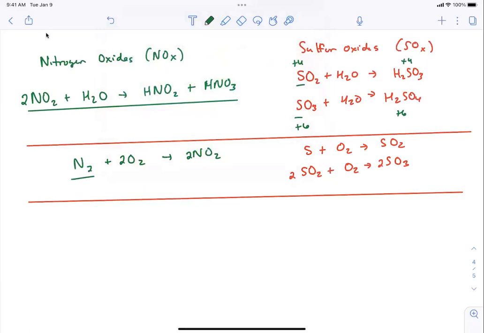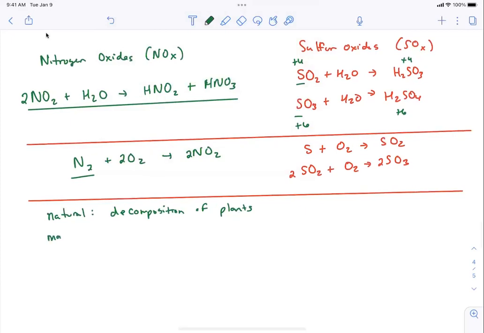Sources. Okay. So remember, there are naturally occurring sources and there are man-made sources. So natural, decomposition of plants. But man-made, this is the internal combustion engine.